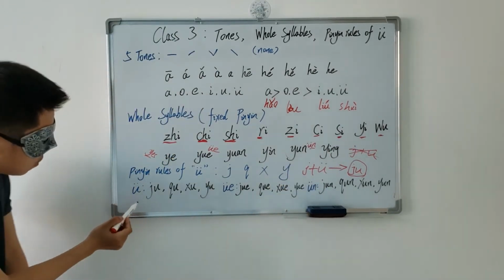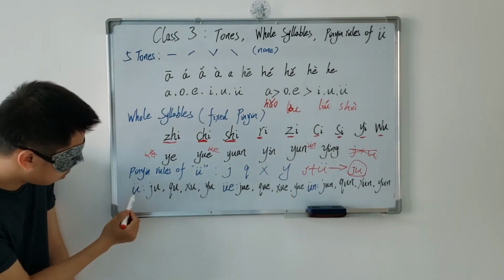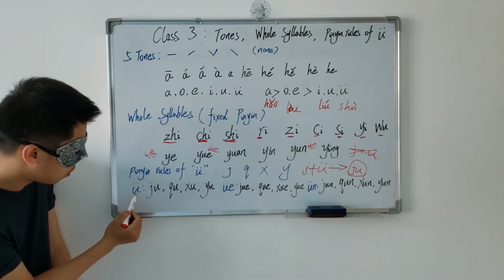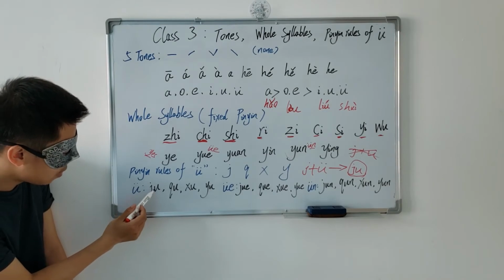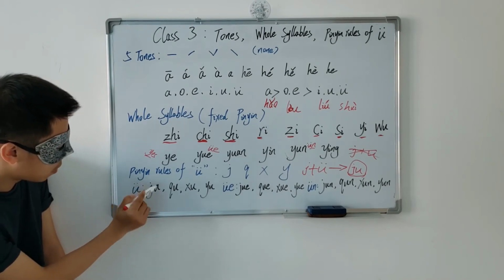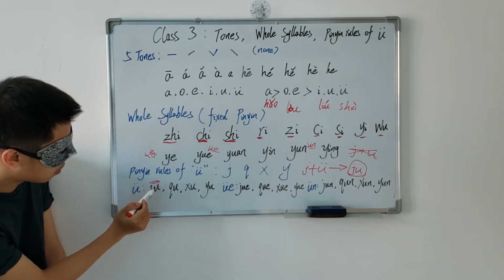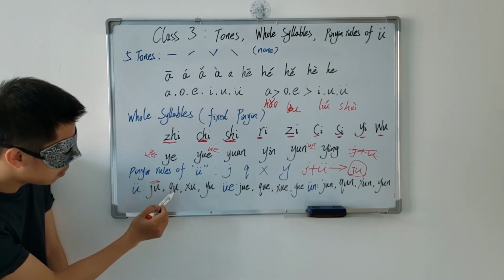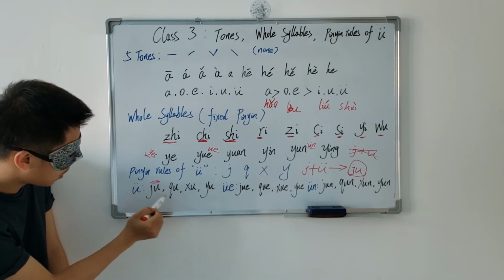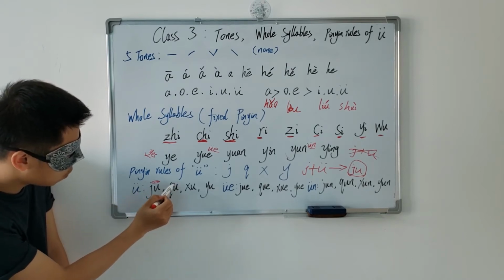For example, when you put U and G together, it's G, U, then take off the 2 points. The same with qu: qi plus U, then take off 2 points.